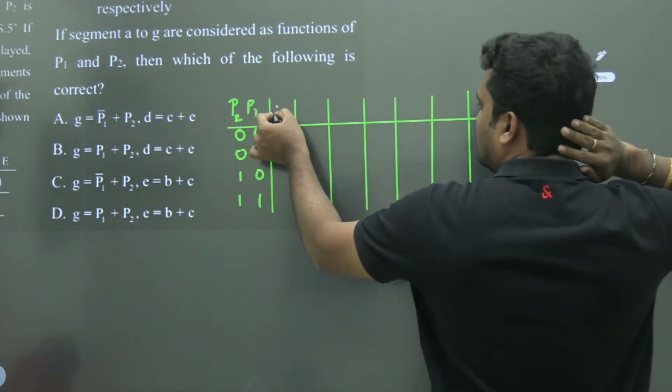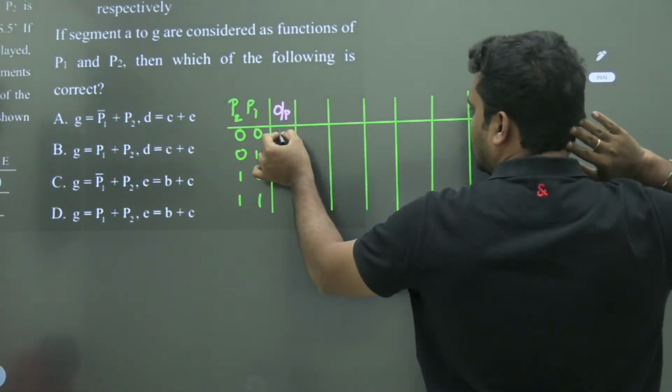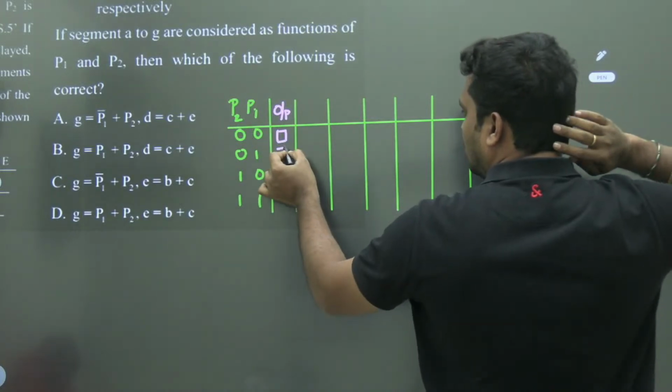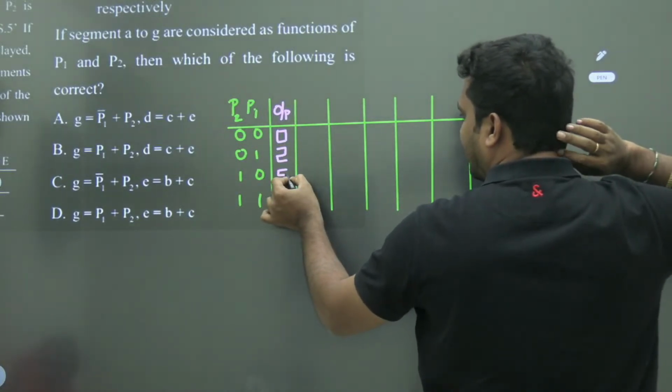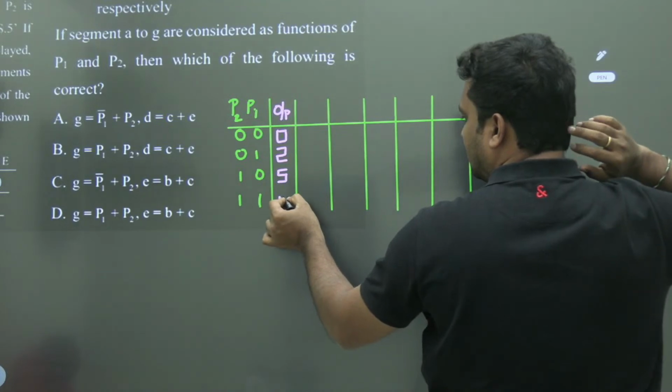So what is the output here? 0, 2, 5, error.